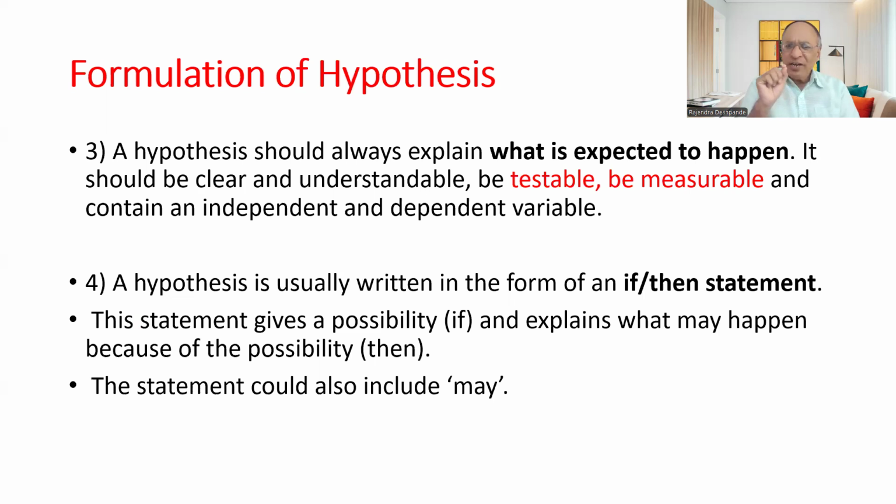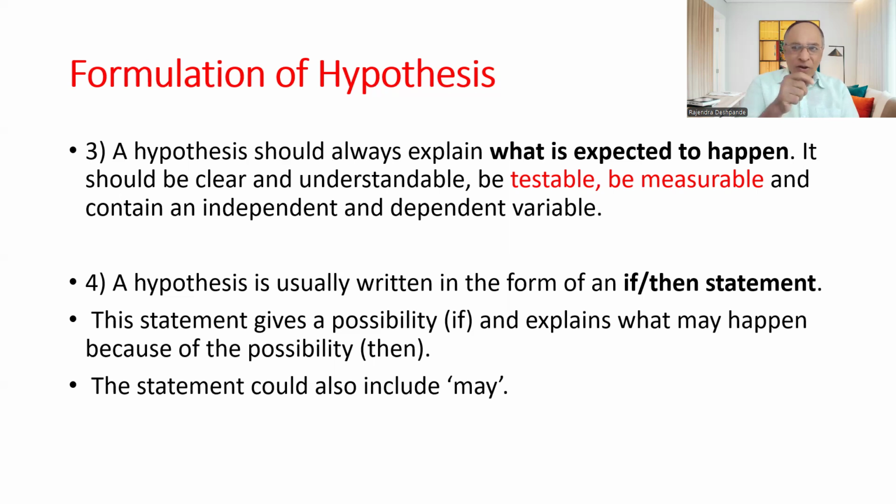Hypothesis is usually written in the form of if-then type of statements. This statement gives a possibility, that means if, and explains what may happen because of this possibility. Then it will happen like that. The statement could also include may.